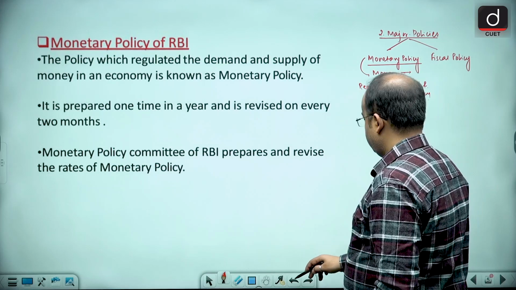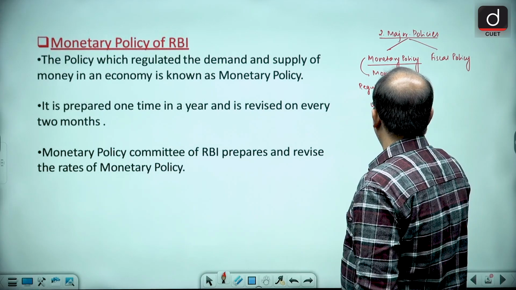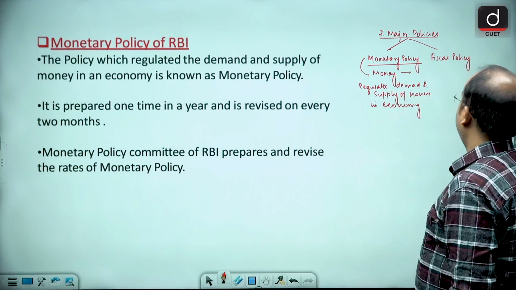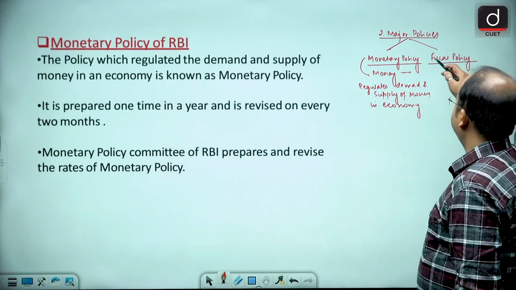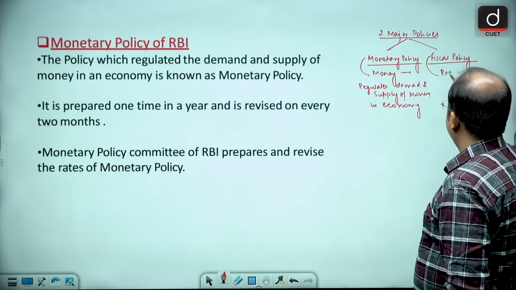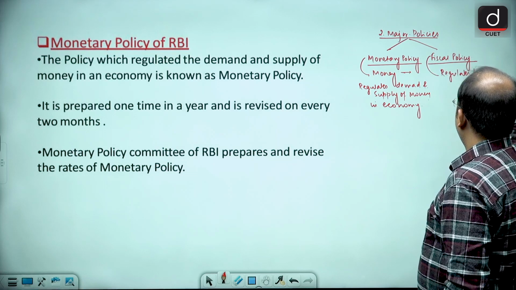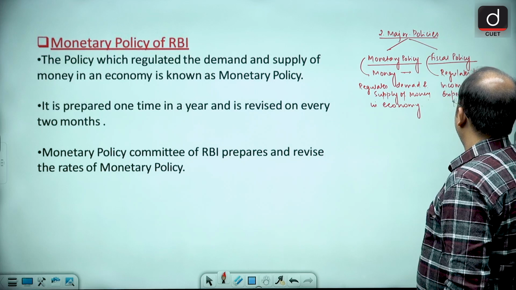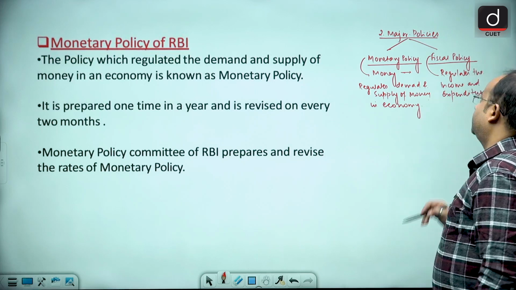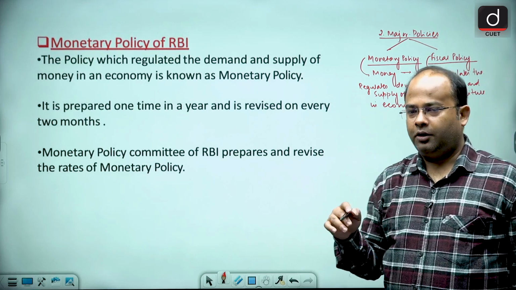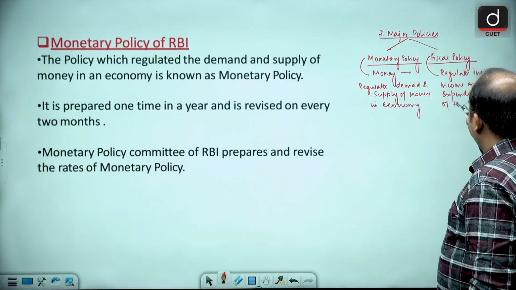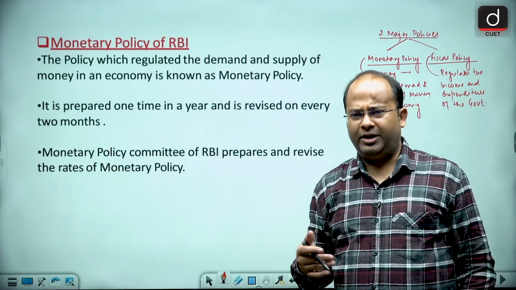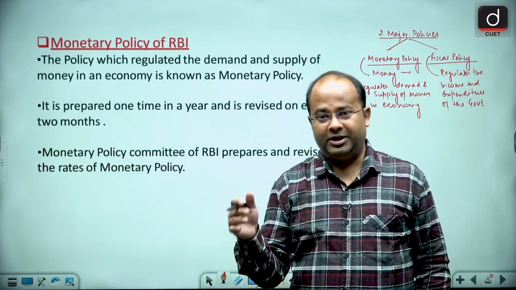The policy that regulates the demand and supply of money in the economy is called monetary policy, and the policy that regulates the income and expenditure of the government is called fiscal policy. So monetary policy regulates demand and supply, whereas fiscal policy regulates income and expenditure.